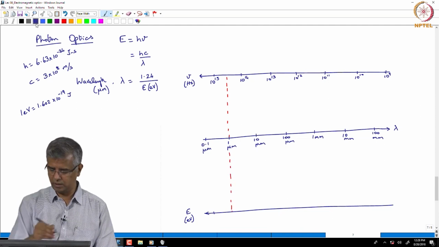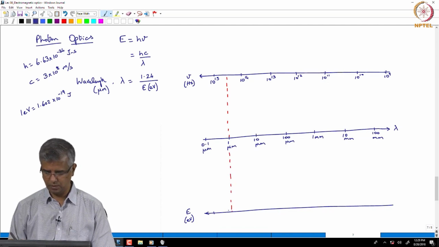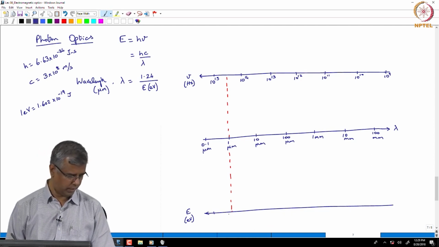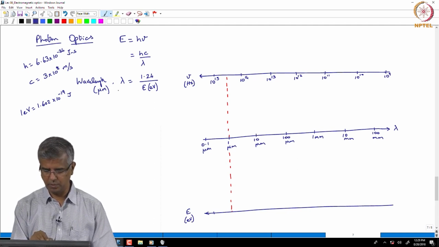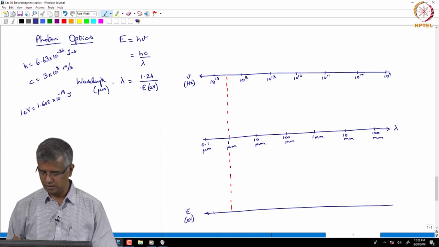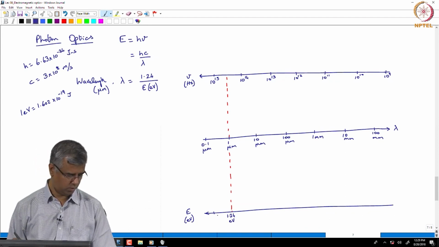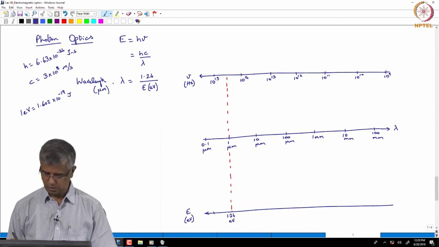1 micron corresponds to roughly about 1 electron volt, right. So, if lambda equals 1 micron, then that corresponds to 1.24 electron volt. So, 1 is somewhere over here. So, this is going towards 10 electron volt and so on.